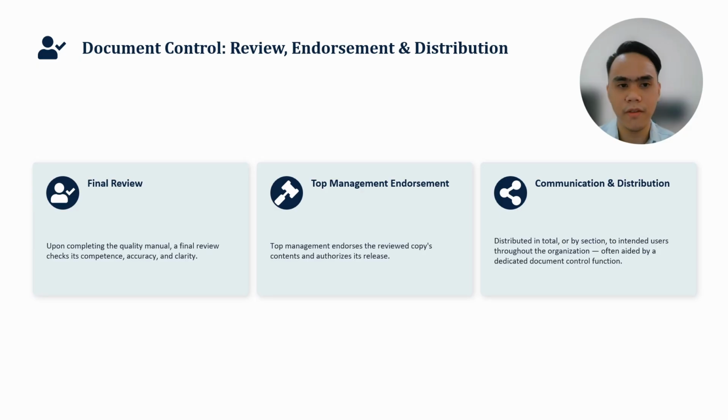Proper distribution and control can be aided by, for example, a dedicated document control function, a specific role or a team whose job is making sure that the right people have the right, current version of each document and the outdated versions don't keep circulating. This sets up the next slide directly, where we get specific about what proper document control actually requires.